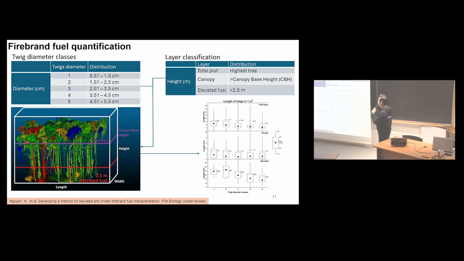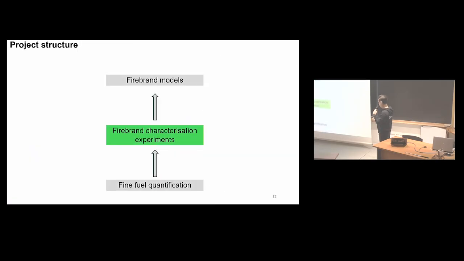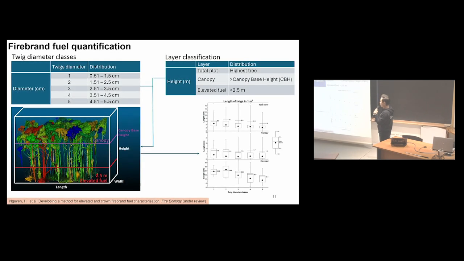For the stringy bark, we estimate the area of the stringy bark on the trunk. Sorry, I clicked wrong. On the trunk, and for the candlebark, we estimated it as twig, but 90.